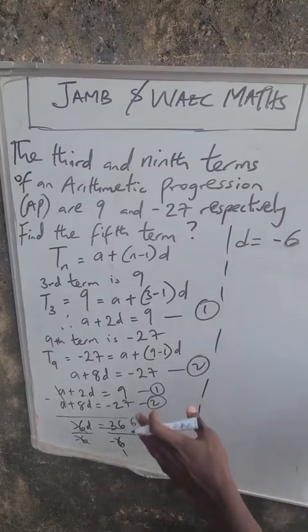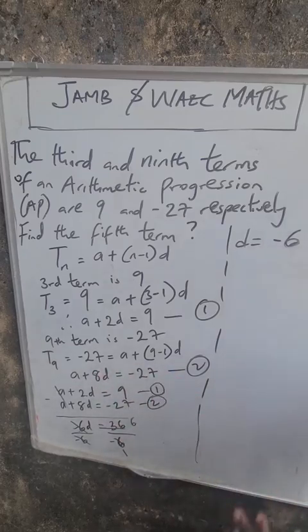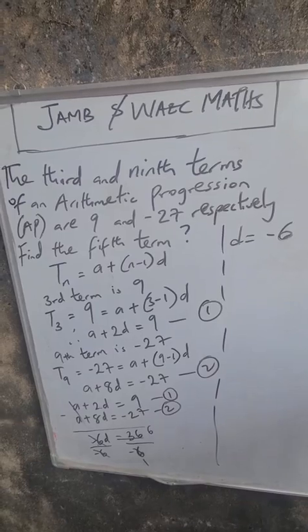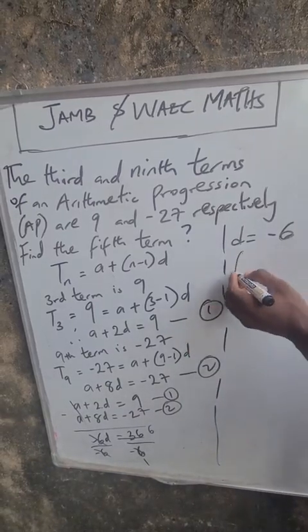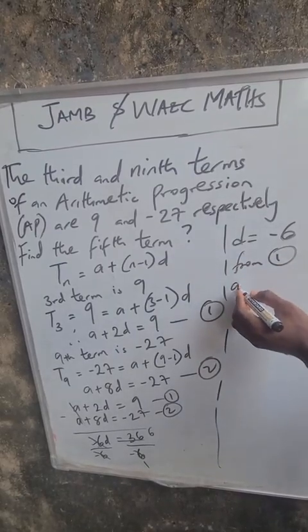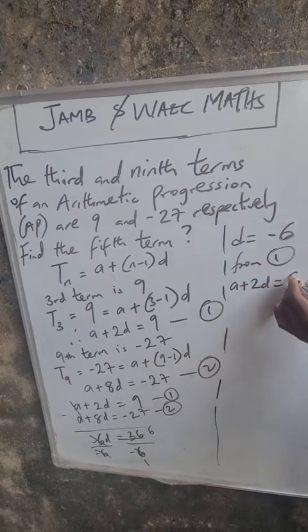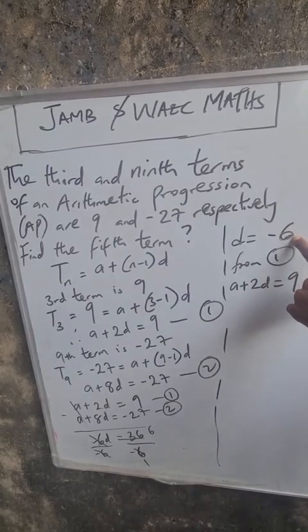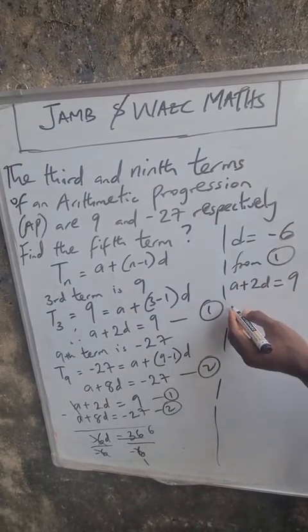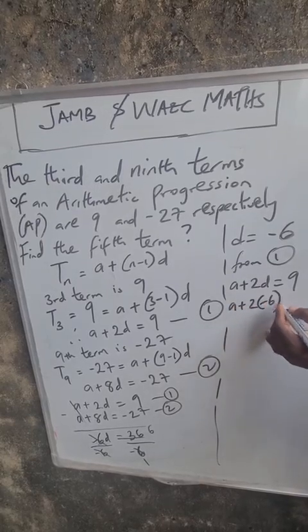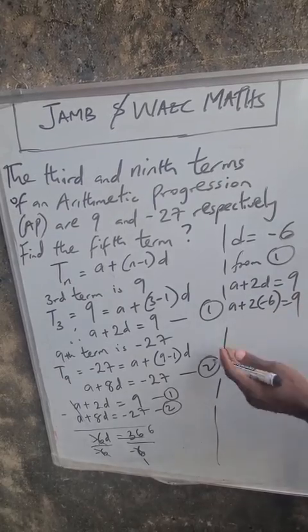Now we are going to get our a, which is the first term. We can use any of the equations to find our a. Suppose we use equation 1. I'm going to have a plus 2d is equal to 9. And since our d is minus 6, I'm going to have a plus 2 times minus 6 is equal to 9.